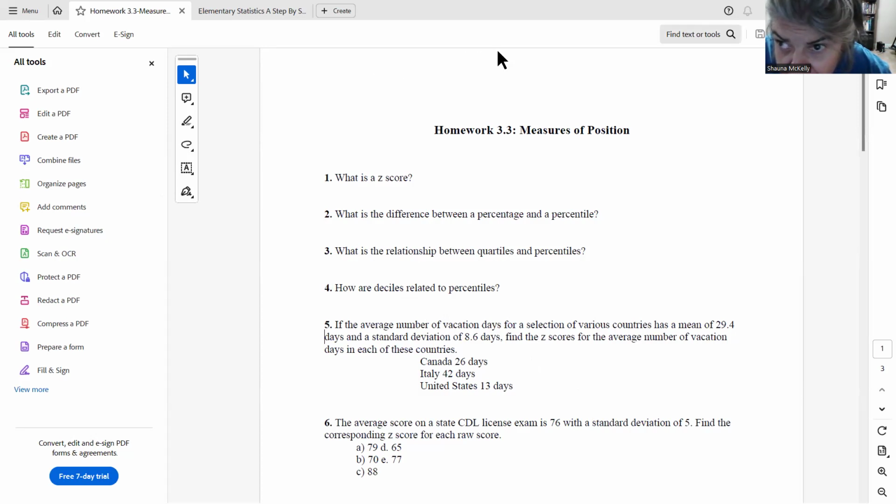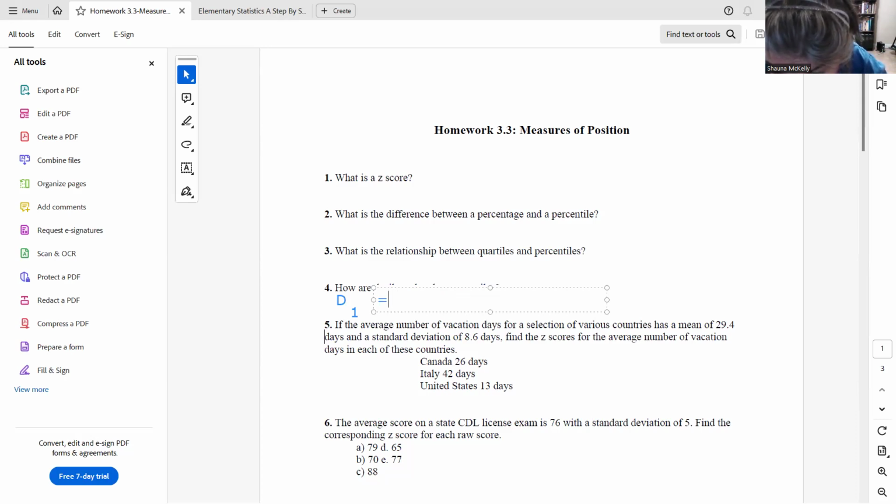For example, let's say decile 10, and I'm going to put it below it. Decile 1. So the first decile, that's 10%.